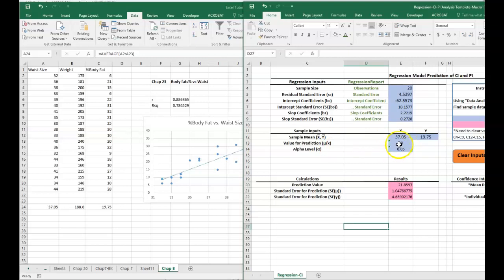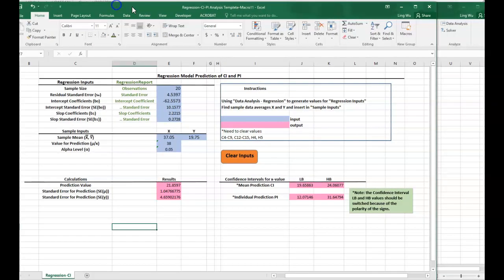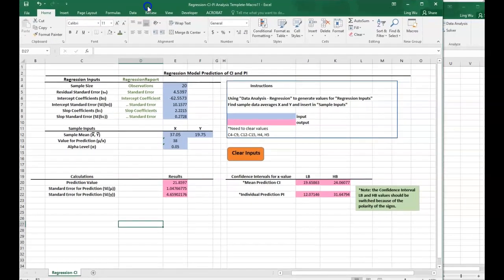This one uses 38 for the waist size. We want to see its predicted value and its confidence interval. So we fill in this 38 with alpha level 0.05, and once we fill in these values, the predicted value comes out: 21.8597.